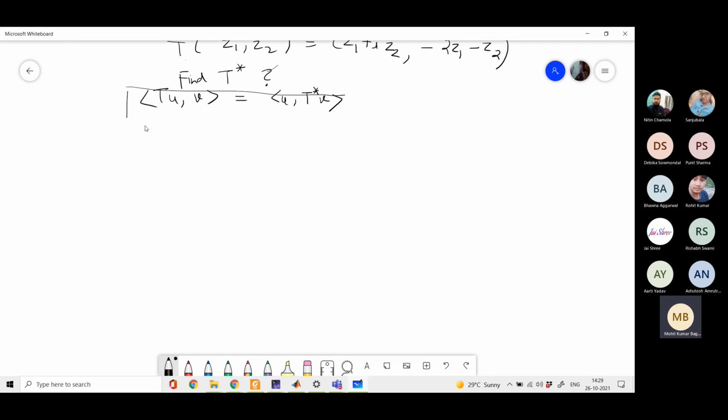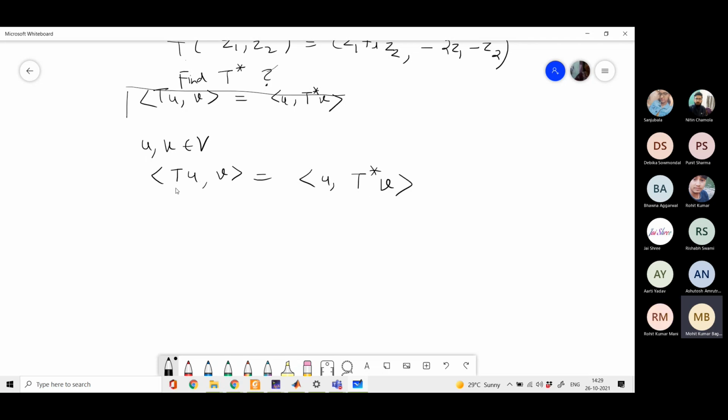If you take u, v from the vector space, you have to consider the inner product of Tu and v, and u with T star v. Tu is given to you, and you have to find T star. So assume u as, let's say, z1, z2, and v as, let's say, w1, w2, for the sake of doing the question.